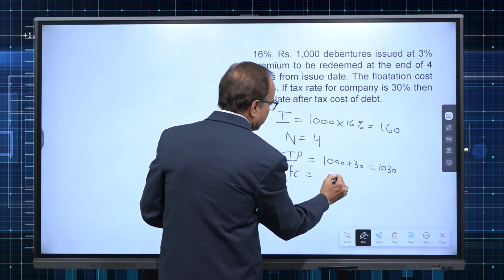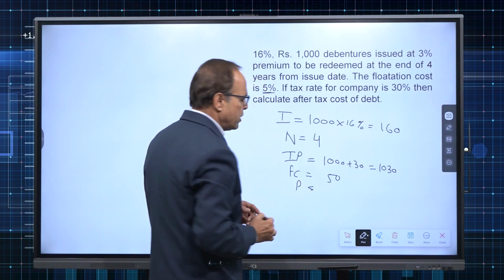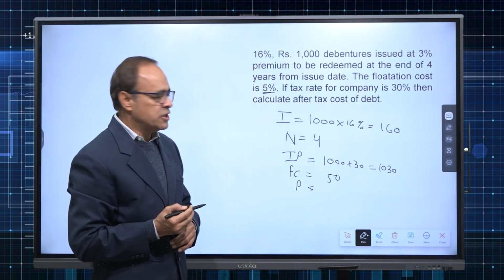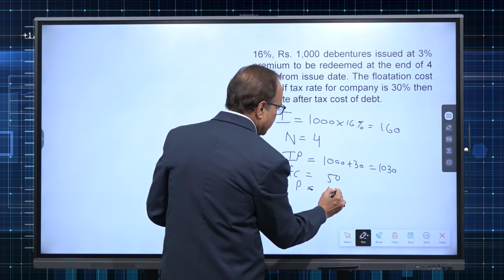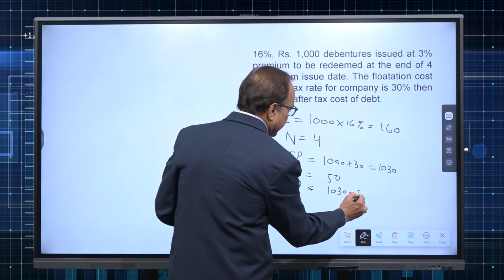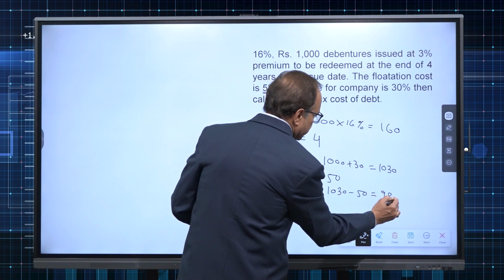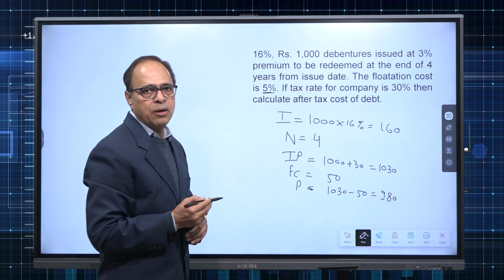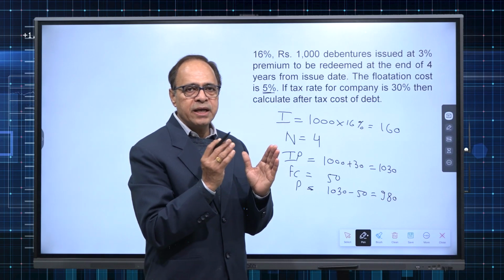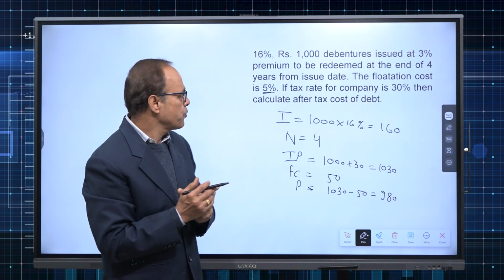So 5% of 1000 is 50. Now we can calculate how much will be the net issue proceeds for the company. So it will be equal to 1030 minus 50, that makes it 980. So company will be getting rupees 980 in net from each debenture they issue.